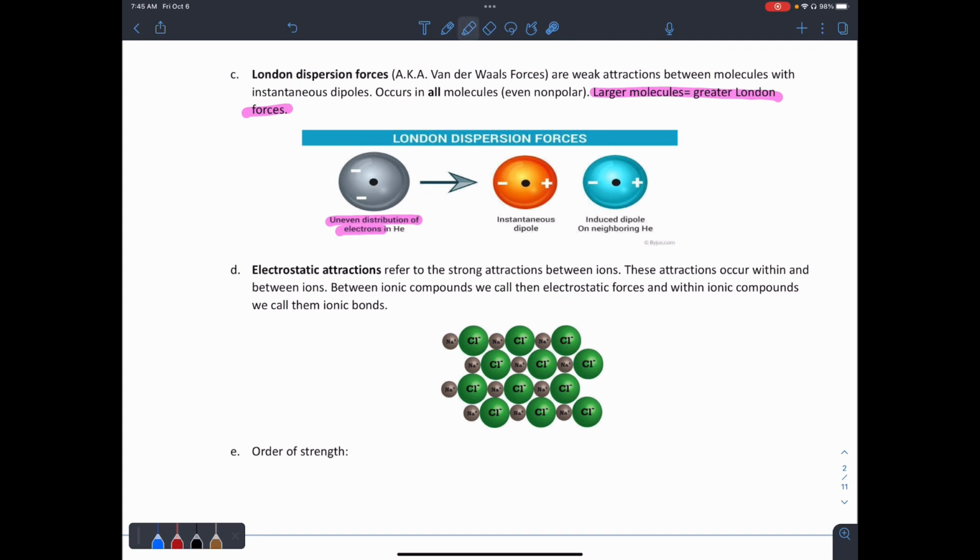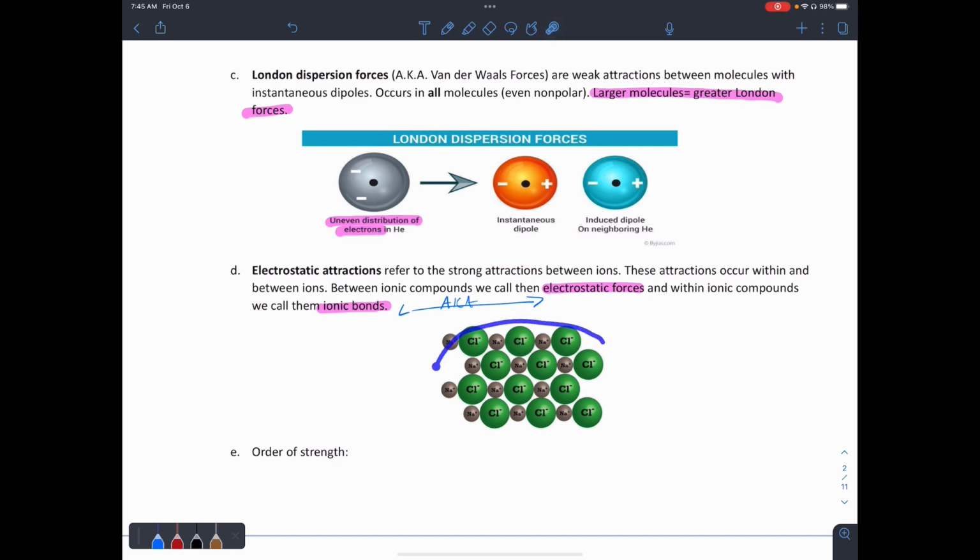Between ionic compounds, we call them electrostatic forces, but within a compound, we call them ionic bonds. So unfortunately, these two words are often used interchangeably. Ionic bonds are electrostatic forces. Ionic bond is the name, electrostatic force is the type of force that occurs within that bond.